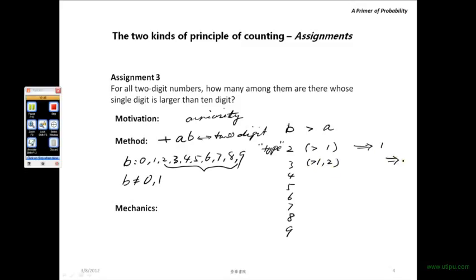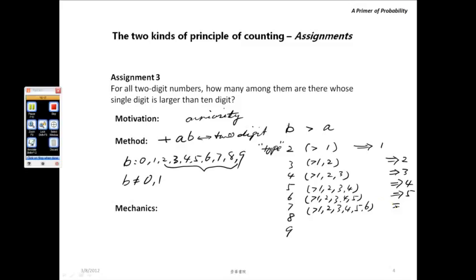So it could be 2 ways. 4 larger than 1, 2, 3 means 3 ways. 5 larger than 1, 2, 3, 4 is 4 ways. 6 could be larger than 1, 2, 3, 4, 5. 7 larger than 1, 2, 3, 4, 5, 6, which means 6 different ways. 8 could be larger than 1 through 7, which means 7 different ways.